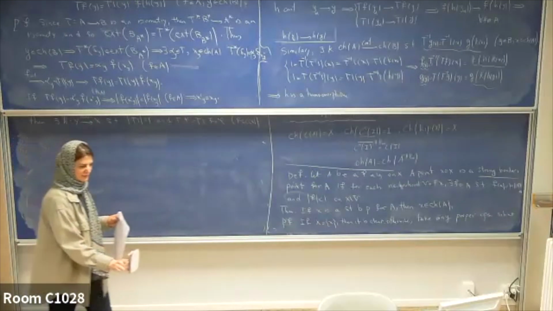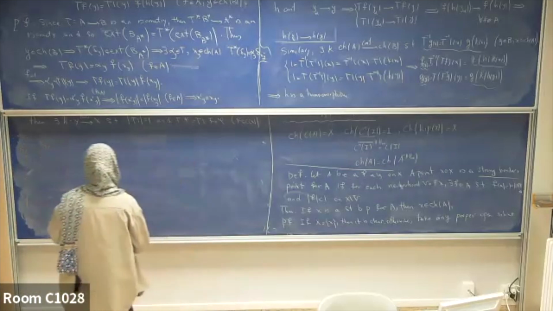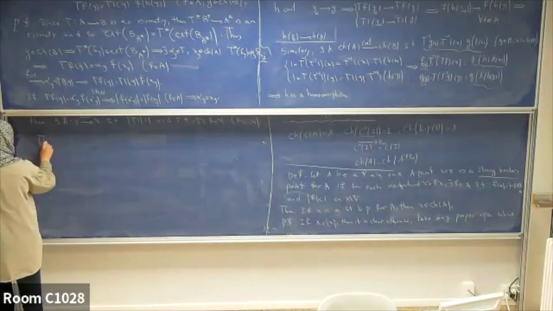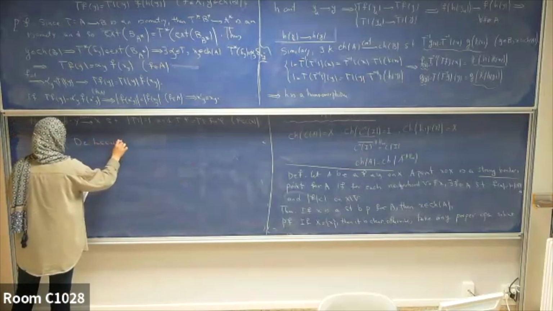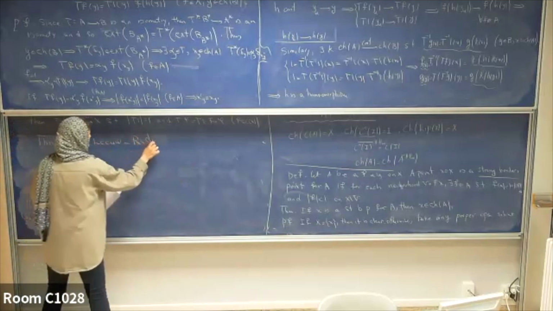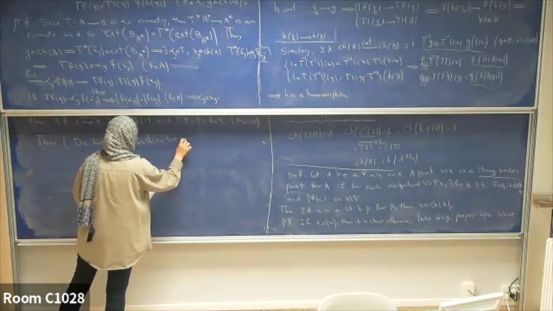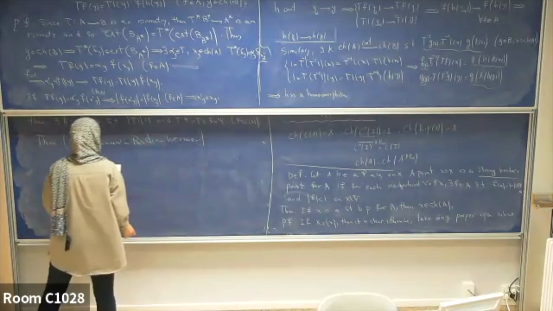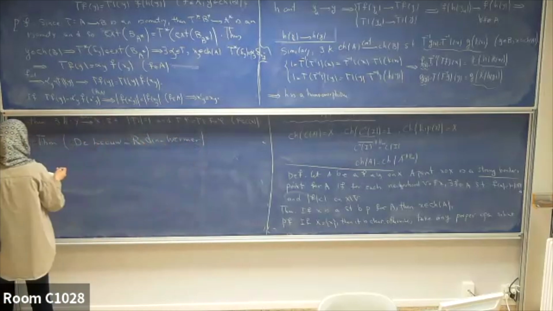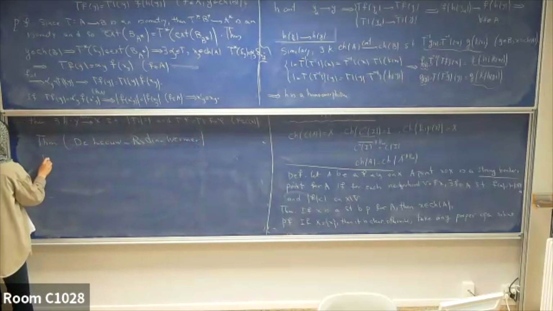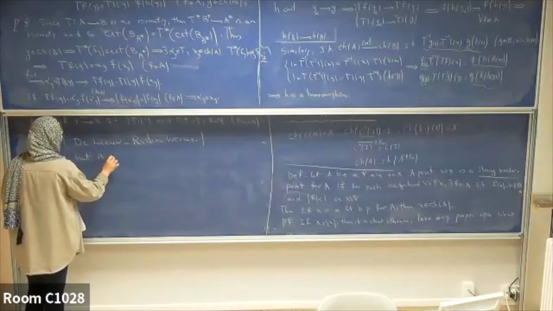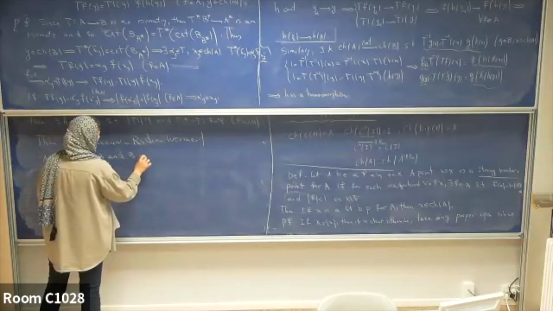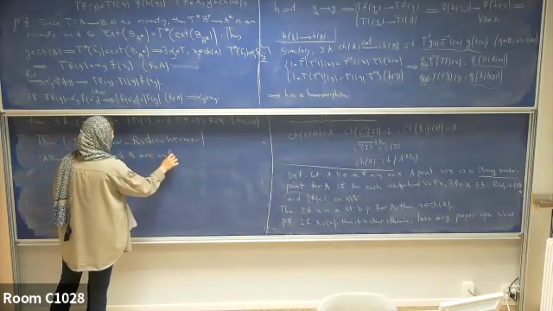It's not difficult to check, because you have the representation. If A and B are uniform algebras.